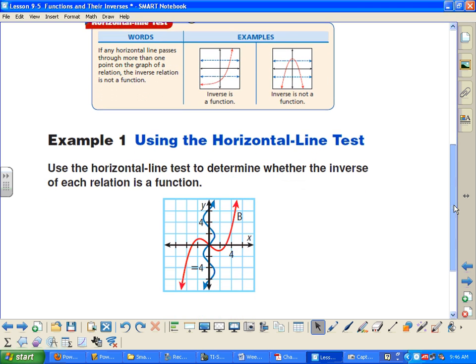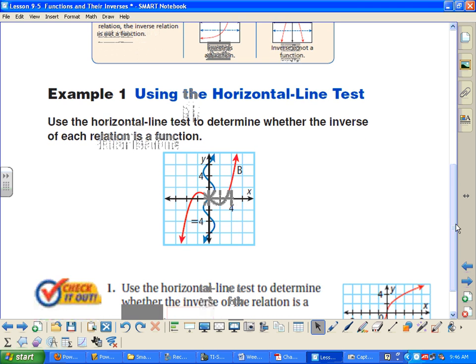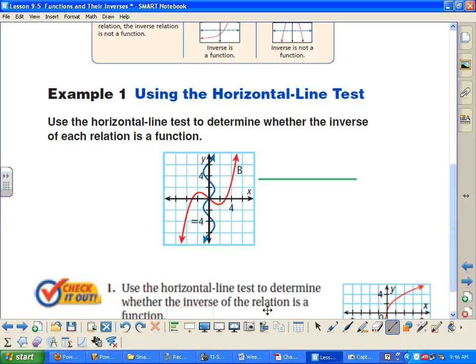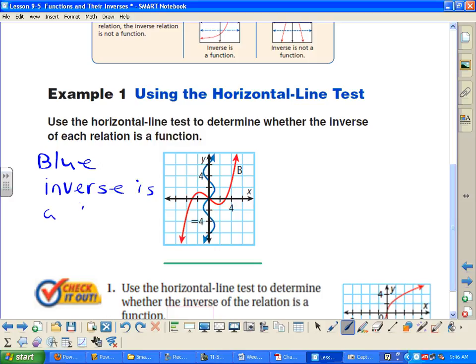So here we have example 1. We're going to do the horizontal line test for this. All right, so I'm going to make a horizontal line here. Okay, so let's say letter A is the blue line. Will this blue line pass the horizontal line test? Yes, it does. Okay, so for the blue line, the inverse is a function.